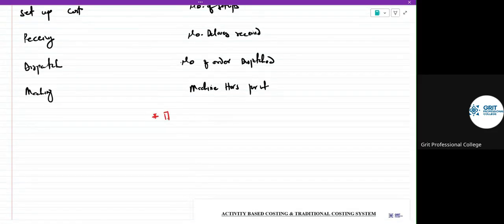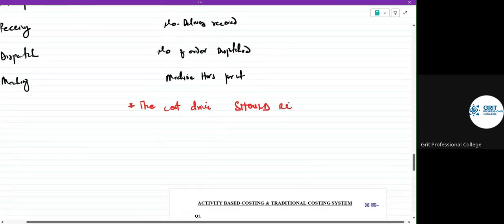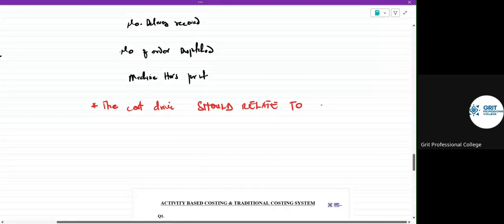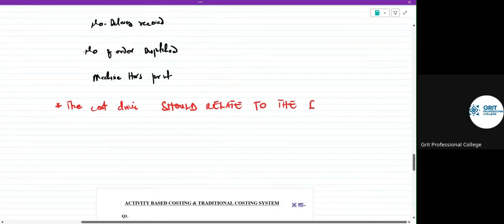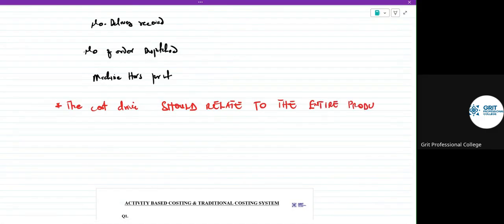The cost driver data, right, should relate to the entire production and not just one unit.